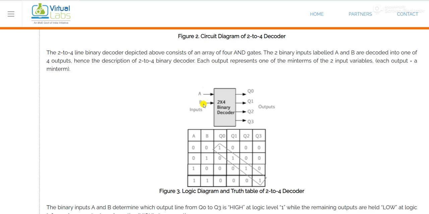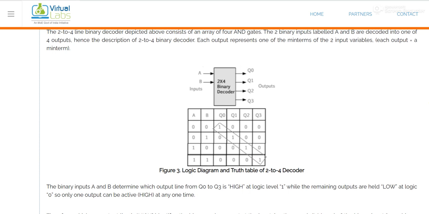If both inputs are 0, meaning A equal to 0, B equal to 0, then we will get the output at Q0. For 0 1, we will get the output at Q1, for 1 0 at Q2, and for 1 1, when both A and B equal 1, we will get the output at Q3. So this is the truth table of the 2 to 4 decoder.